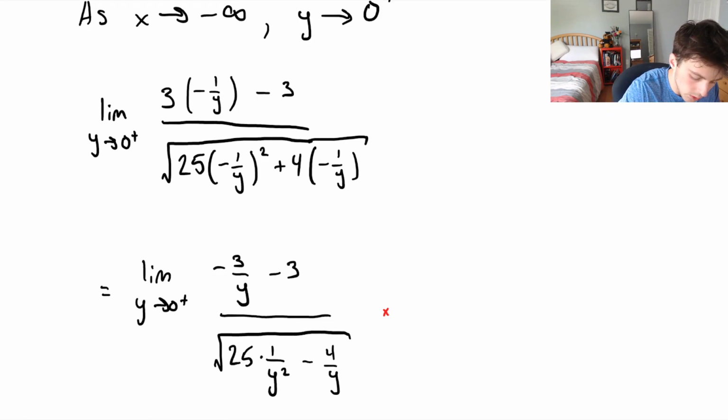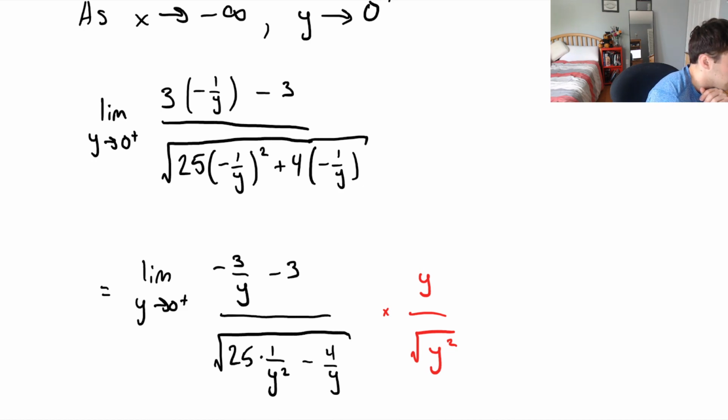So we'll do times y, times, and then same idea, times the square root of y squared, right? And this is fine. We're working all with positives now. y is approaching 0 from the positive side, so y will just be equal to the square root of y squared, right?